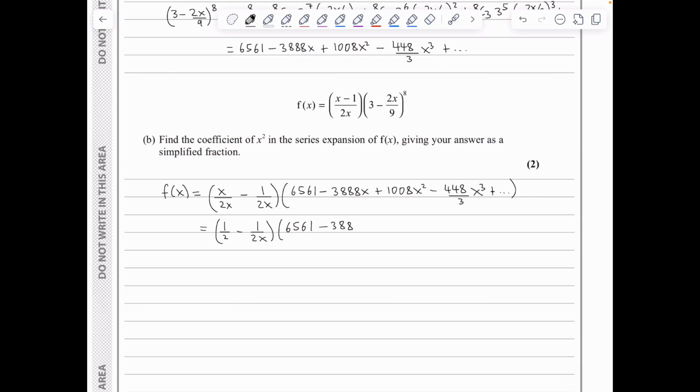And then I don't need to do the full expansion. I just need to consider which terms upon expanding will give me an x squared term. So let's consider this. We've got the constant times the x squared term, and then we've got the 1 over x times the x cubed term. So the combination of these two will give me the overall x squared term.